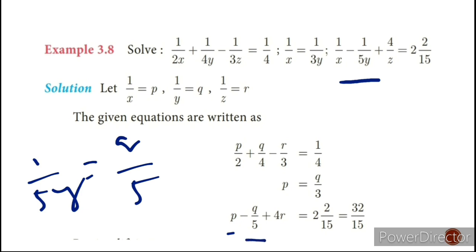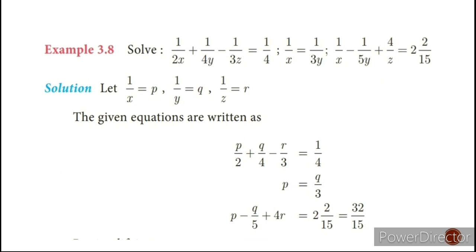That is, minus 1 by 5y can be written as minus q by 5. Then the third term, 4 by z can be written as, I write 4 as it is, and instead of 1 by z, 1 by z is equal to r. So 4 by z is 4 into r.